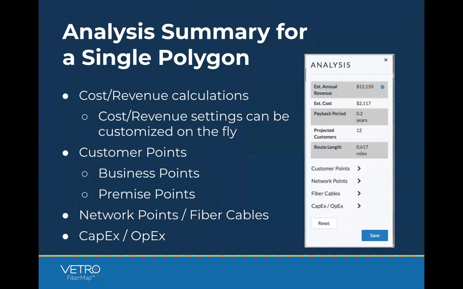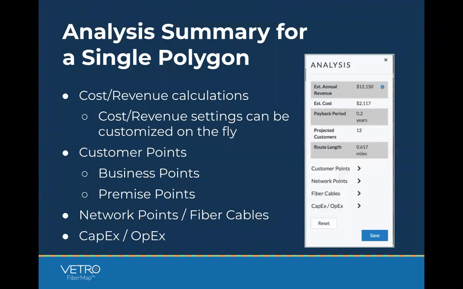So getting more into some of the details of the two key features, the single polygon analysis and the analysis across the entire network, what we see in this menu are some really key features and outputs that I wanted to talk a little bit about, and then we'll get into it even more in the demo. We have estimated annual revenue, cost, payback period, projected customers, and route length.